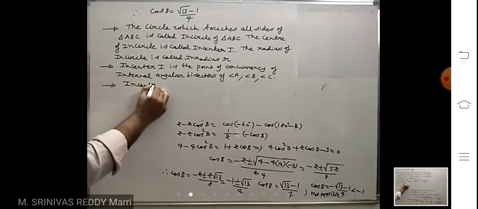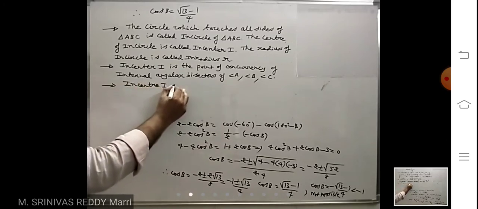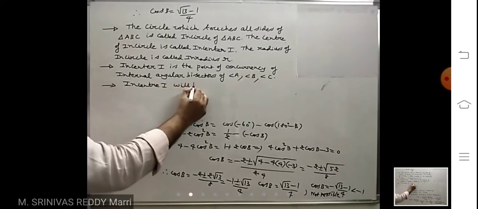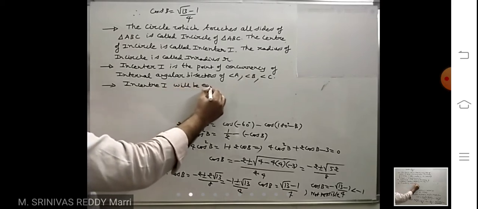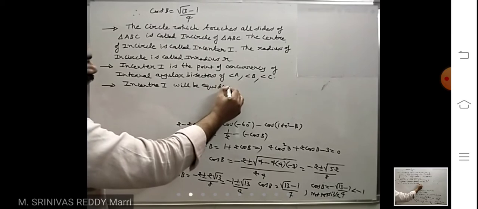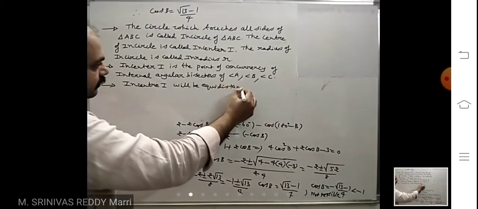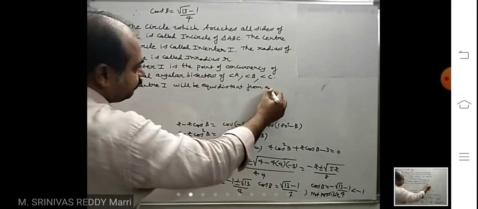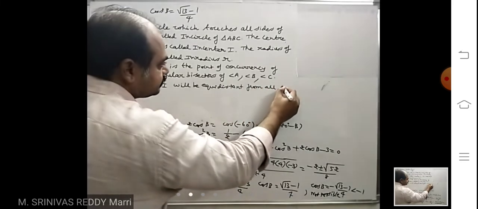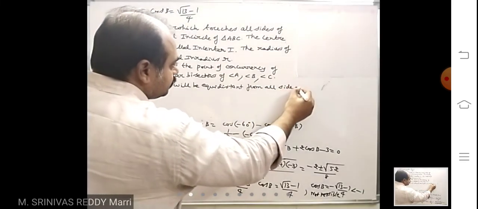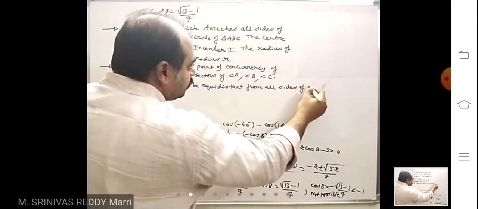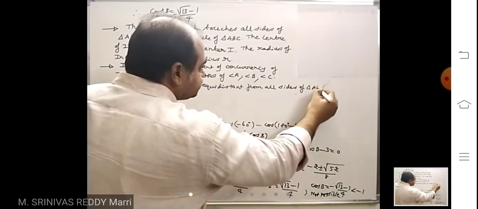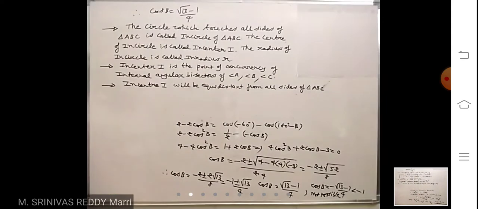I will write the next point and I will explain. Incenter I will be equidistant from all sides of triangle ABC.